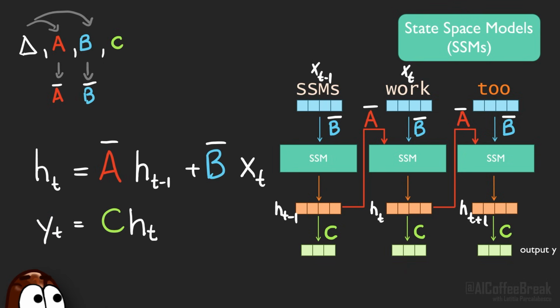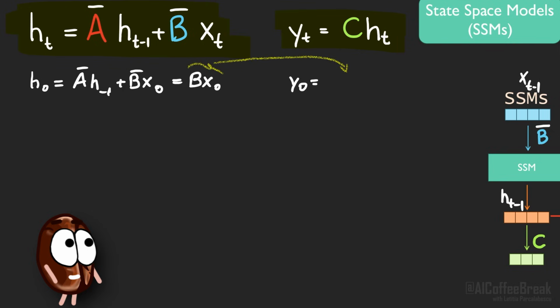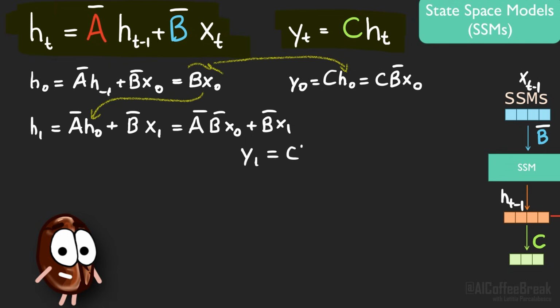Well, it all comes down to the fact that SSMs have linear computations in them. It is always the same matrices A bar and B bar and C that we multiply to our input token. Look, let's unroll what SSMs do and see how the representation looks like for the first token, where we assume that the hidden representation from the minus first step is 0. Y0 then looks like this. Then for the second token, it looks like this.